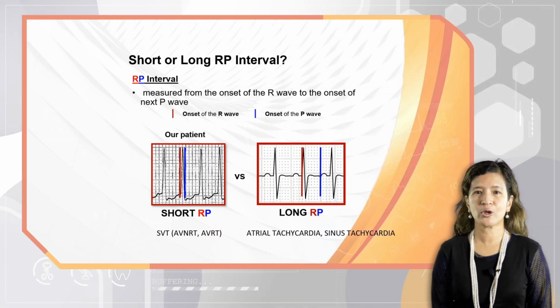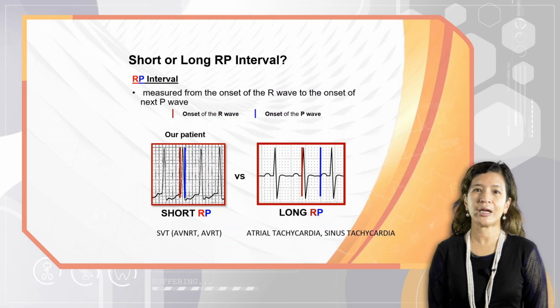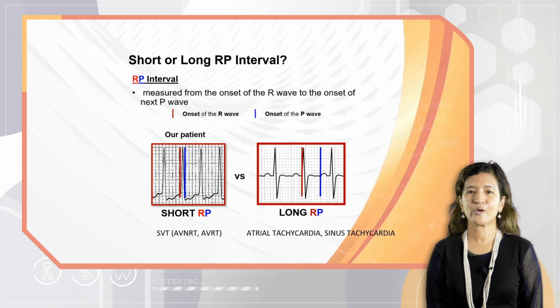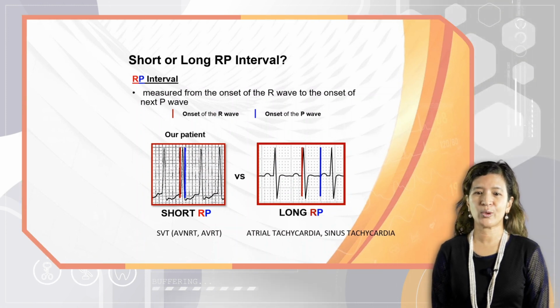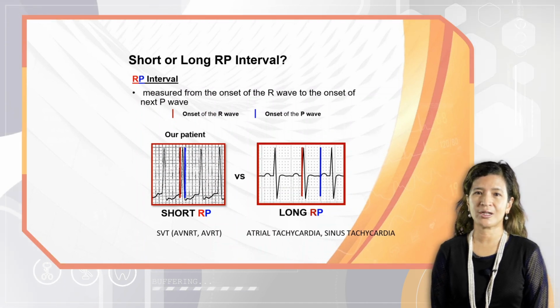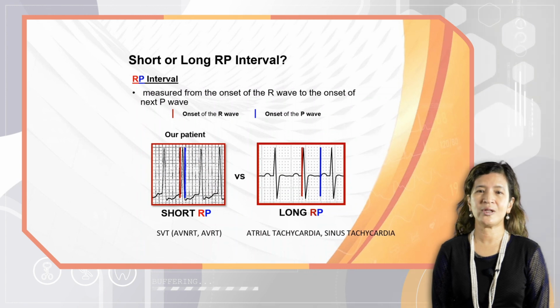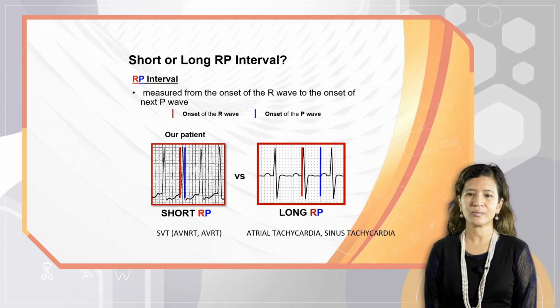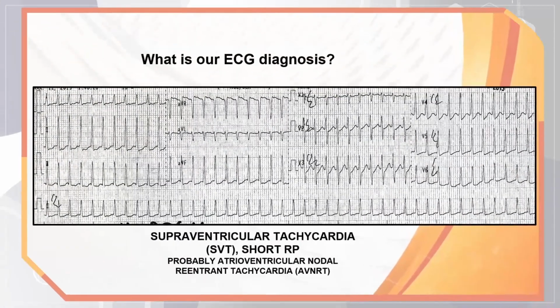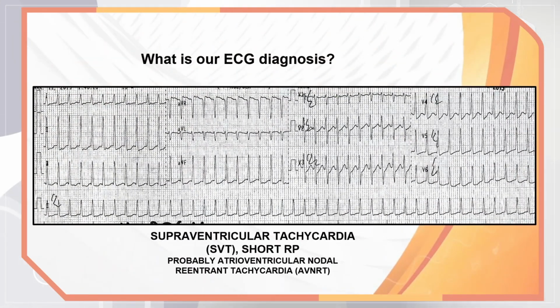The differentials for long RP tachycardia are atrial tachycardia and sinus tachycardia. For short RP tachycardia, it is commonly SVT or supraventricular tachycardia, in particular AV node reentrant tachycardia or AV reentrant tachycardia. Okay, so for that first ECG, the summary diagnosis would be SVT, short RP type, probably AVNRT.